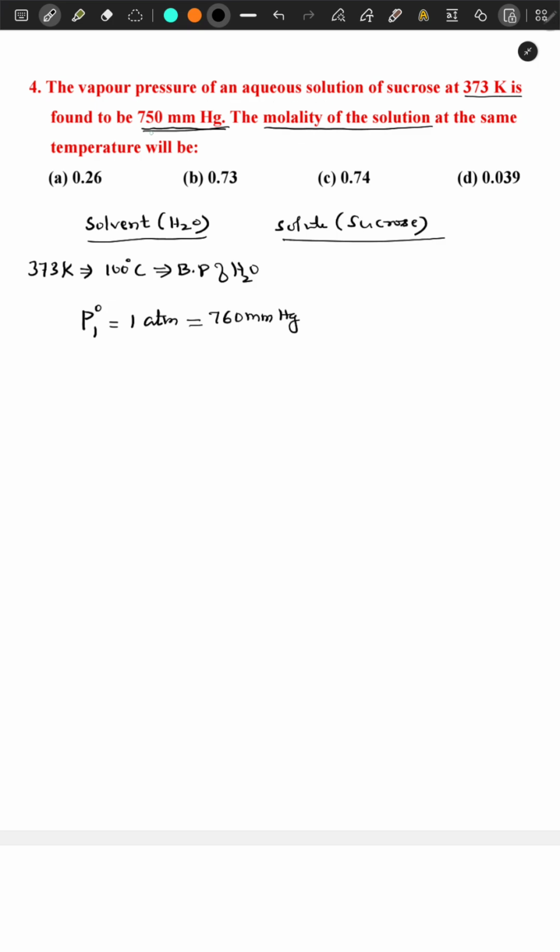Vapor pressure of aqueous solution. So remember for a solution the vapor pressure of solution is represented as P1 or P total, but here you take P1. So P1 is given as 750 millimeter of mercury. So what we have to find out? We have to find out molality, small m. And for solvent, remember the molecular mass of solvent is M1. So for water, molecular mass is 18 gram per mole.